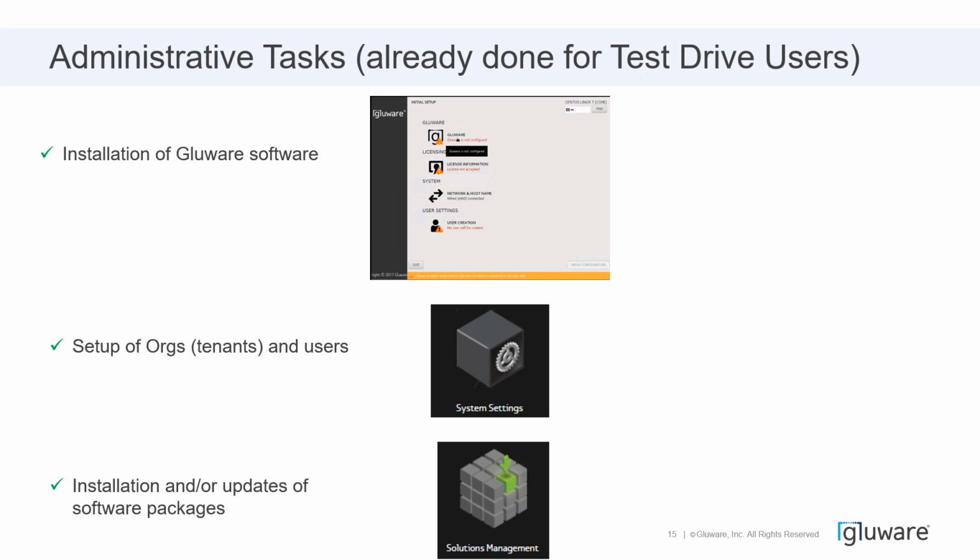Next is the setup of organizations or tenants. You will already have an organization assigned to you, like VPOC1, and there will be a set of nodes already there for you to perform automated activities on. So you don't have to worry about creating an organization and adding nodes to it.